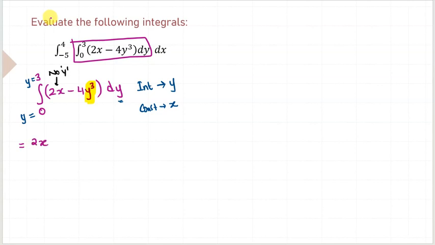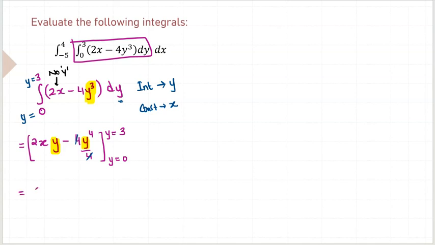This gives you 2x, since there is no y we multiply by y, minus 4 times the integration of y cube, which is y power 4 over 4. Since this is a definite integral, we will not write plus c. Then we just substitute the limits from 0 to 3. Here we can cancel 4 with 4. In the next step, replace y first by 3 and then by 0.